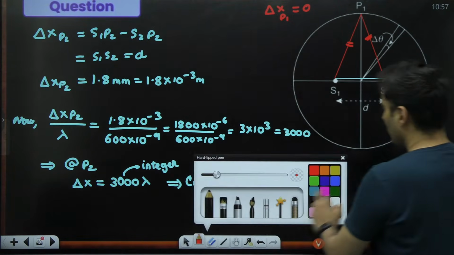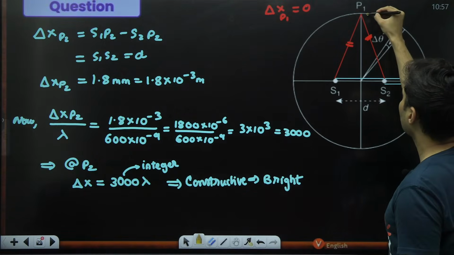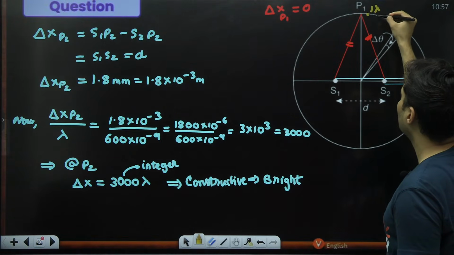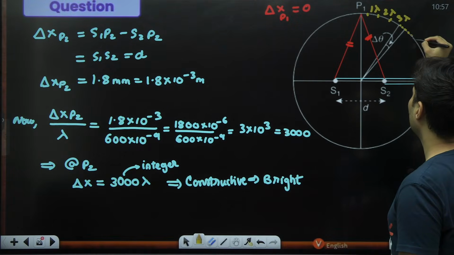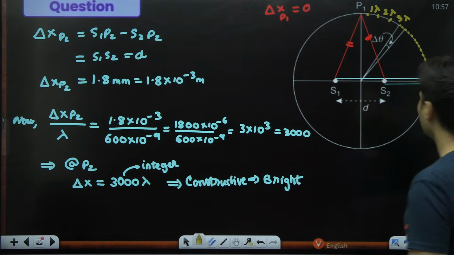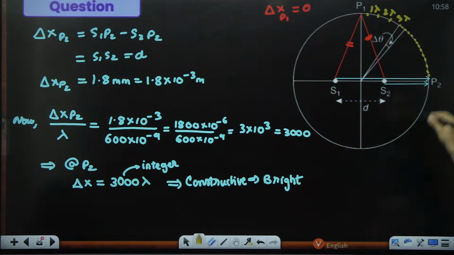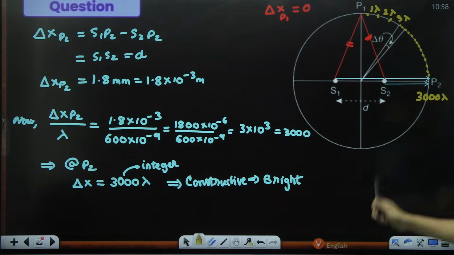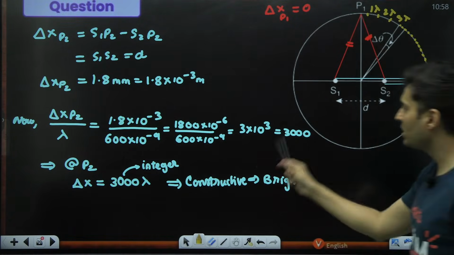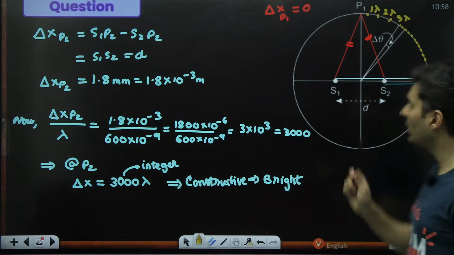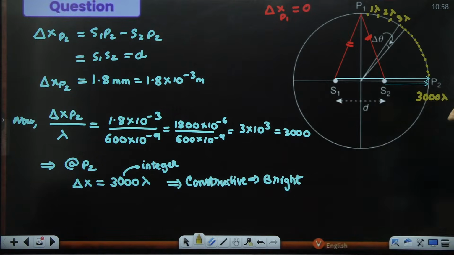After P1, the path difference will be 1 lambda, then 2 lambda, then 3 lambda. Like that, if you continue, finally the path difference at P2 is basically 3000 lambda. From P1, which had 0 lambda, to P2, it is 3000 lambda.